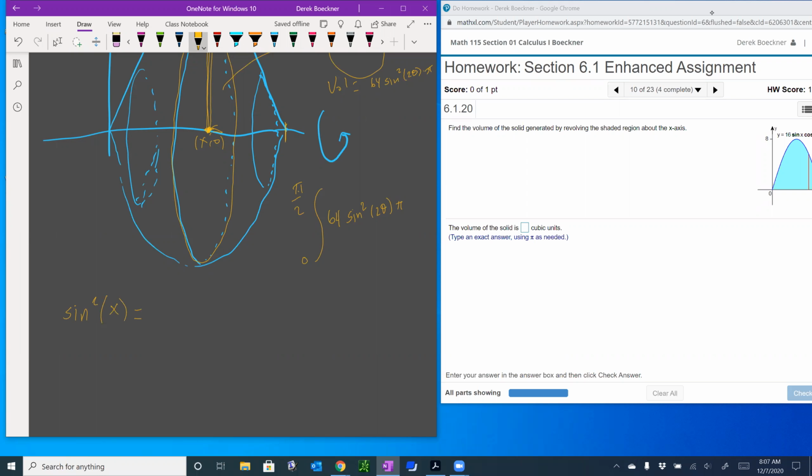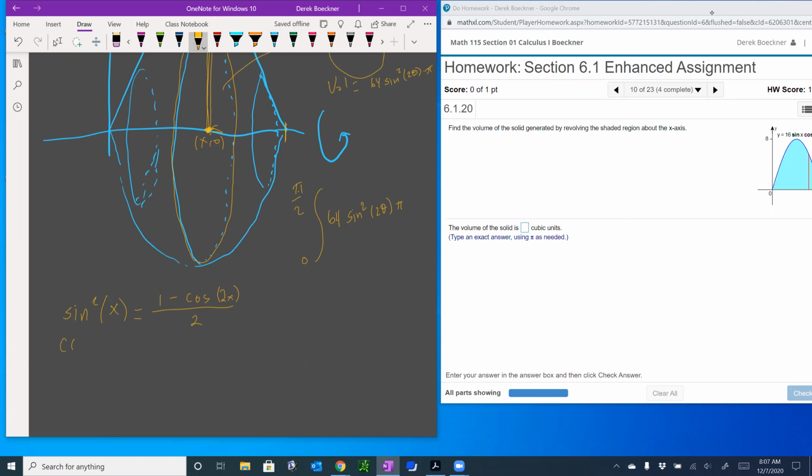Sine squared of x is equal to 1 minus cosine of 2x over 2. Okay, I think there's one of your half angle identities.